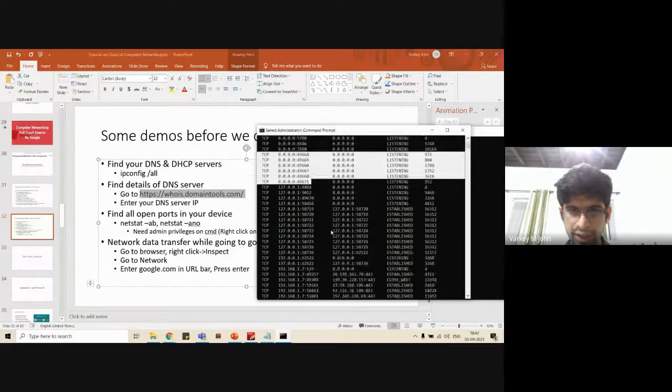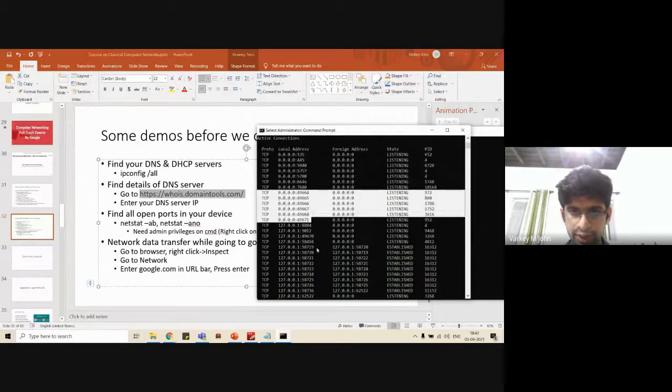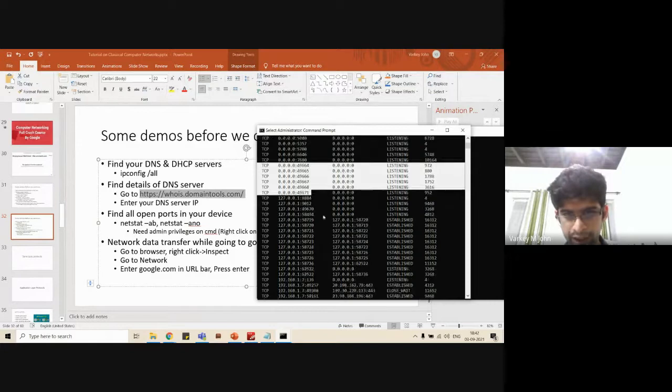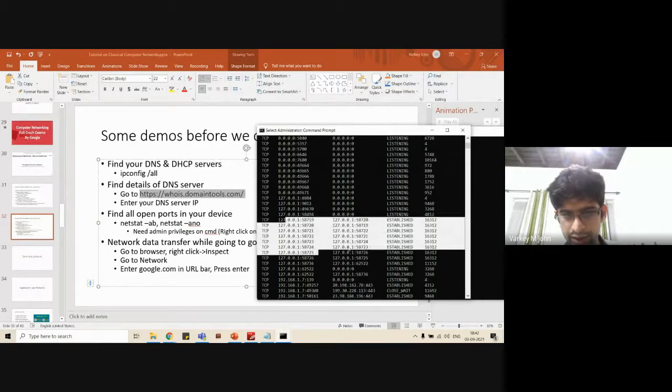I'm not running a server in my device, like a web server. If I were, it would be mostly small numbers. But since it's mostly outgoing ports, it's mostly large numbers.